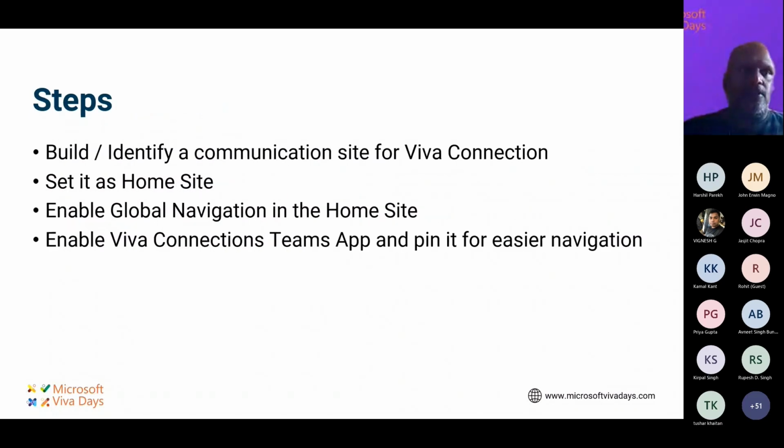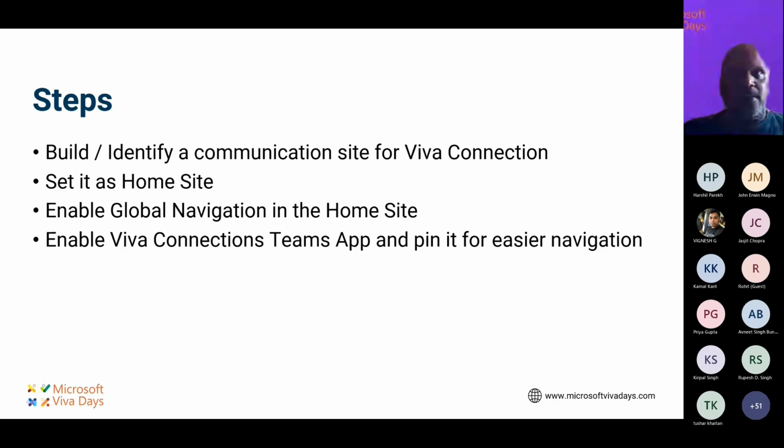The steps to enable or set up Viva Connections in your tenant are very simple. The very first thing is that you need to identify or build a communication site to be used for Viva Connections.